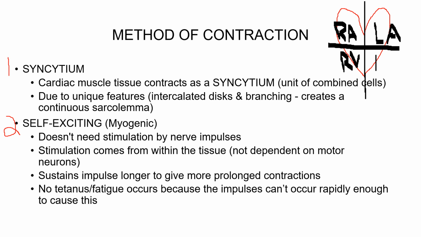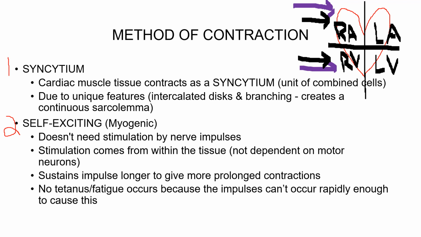Now how your heart actually beats is when the atria contract, the ventricles are relaxing. And then it flips. When the ventricles contract, the atria are relaxing. So the heart needs to be able to communicate with itself. It needs to be able to have all of the ventricle cells contract at the same time, while shutting down the atria.